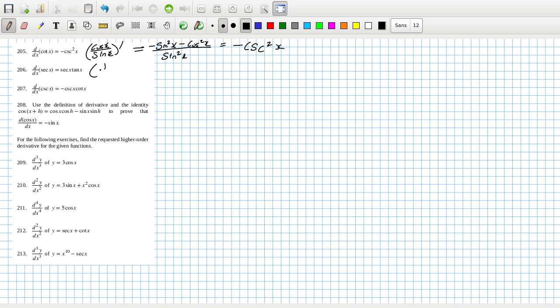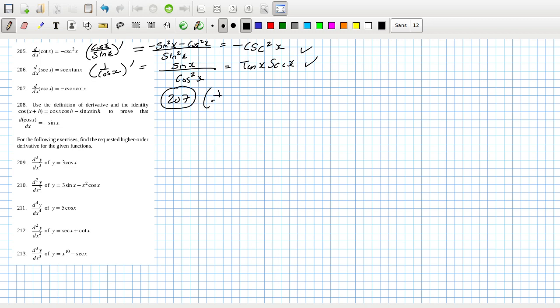Here is the derivative of 1 over cos. I'm sure I did these earlier. 1 over cos. So that's then a cos squared. Bottom times derivative of the top minus the top times derivative of the bottom. Sine over cos is tan, and then 1 over cos is sec. So that's right as well. 207, I'll write it over here, run out of space.